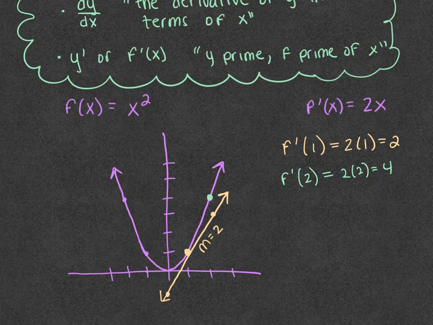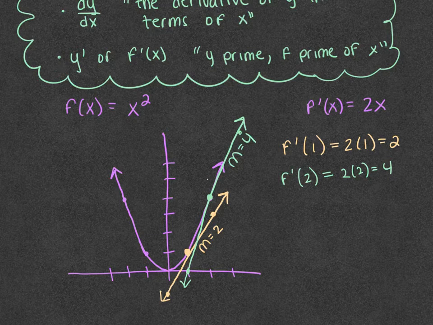Using the slope again, we go up 4 over 1, down 4 over 1, and if we connect those, preferably with a ruler, but I don't have a ruler, then we have that the slope here is 4. Hopefully you can see that what the derivative allows us to do is find this rate of change all the way along the curve, which helps us see what's happening with the curve.